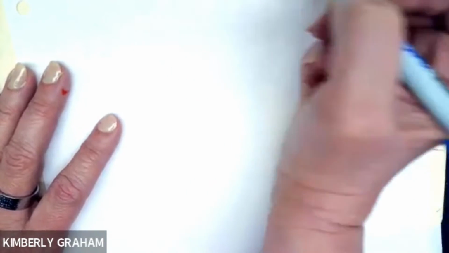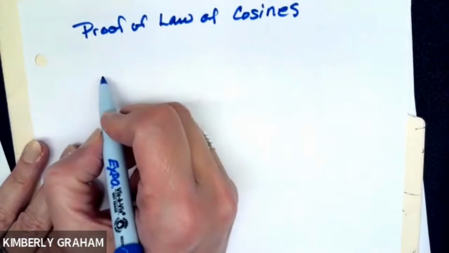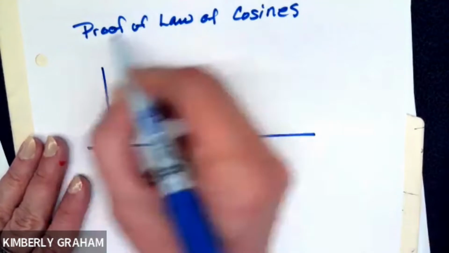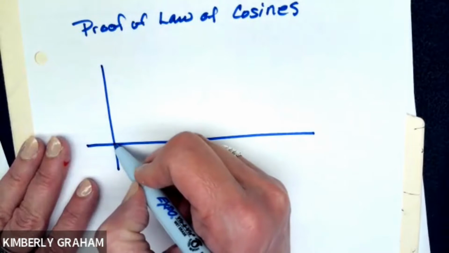Now, there is more than one way that you can come up with this formula. This is the way that I think is one of the easier ways for y'all to understand the algebra in it and understand where the process comes from. I'm going to start off with the coordinate grid. I'm going to make quadrant 1 really big because that's where I'm going to put my triangle.